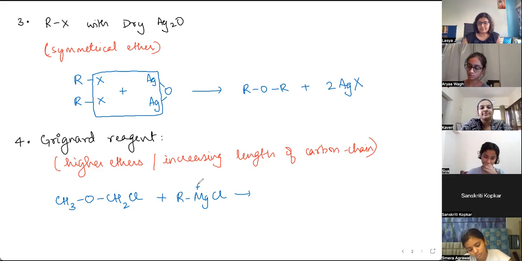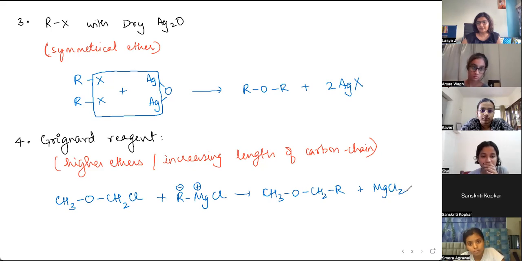Always Mg plus R minus. This takes up the electronegative one. So you get CH3OCH2R plus MgCl2. You can see here, basically, if you want to increase the length of the carbon chain.